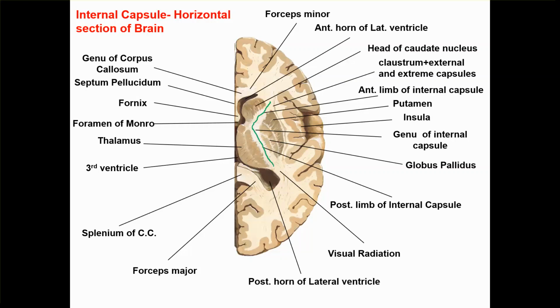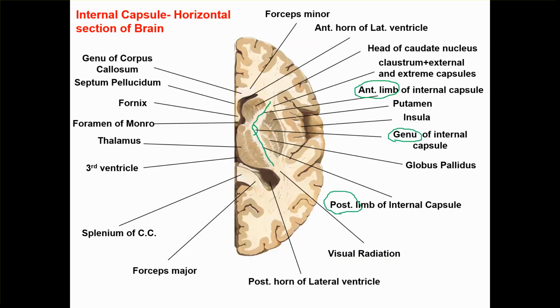So you need to first identify how to draw this internal capsule: this is the anterior limb, this bend is called the genu, and this is the posterior limb.